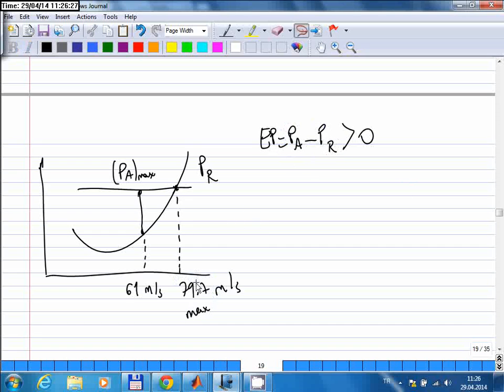So if the aircraft was originally flying at its maximum speed, to be able to climb, the pilot needs to slow down first. Okay, the pilot needs to come to a lower speed where the required power is smaller than the maximum available power, and only after that the aircraft can start climbing.